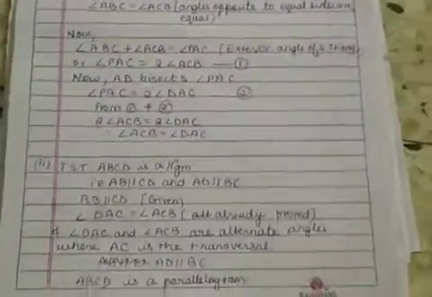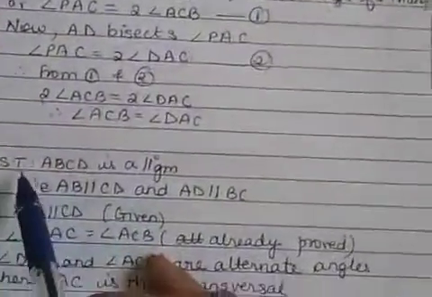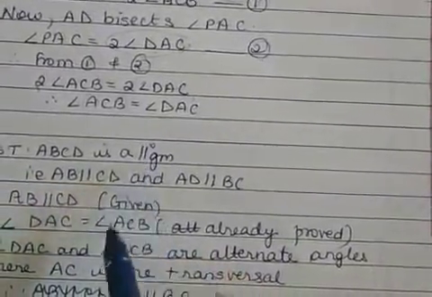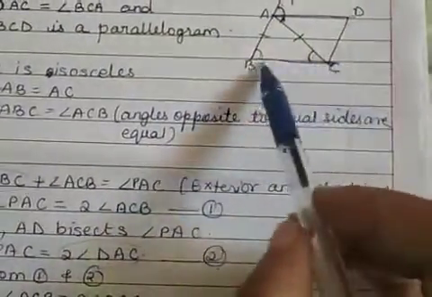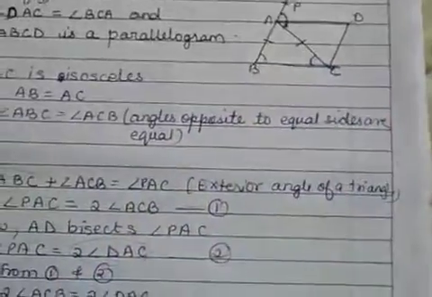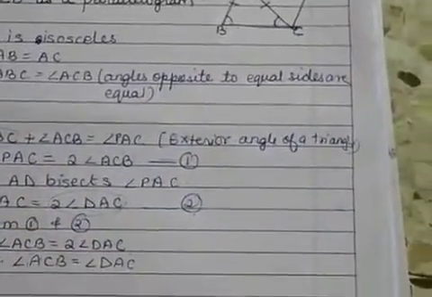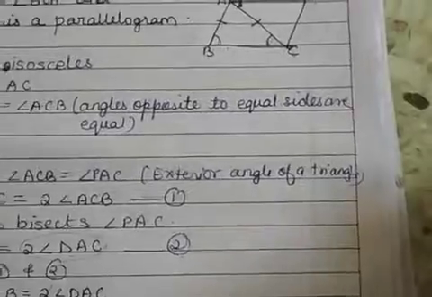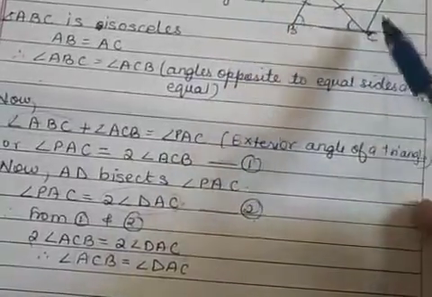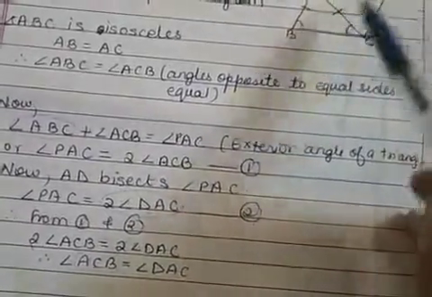Now let us see the second one. In the second part we have to show that ABCD is a parallelogram. For a quadrilateral, if we show that opposite sides are parallel, then we can say that the given quadrilateral is a parallelogram. So we have to show that AB is parallel to CD and AD is parallel to BC.